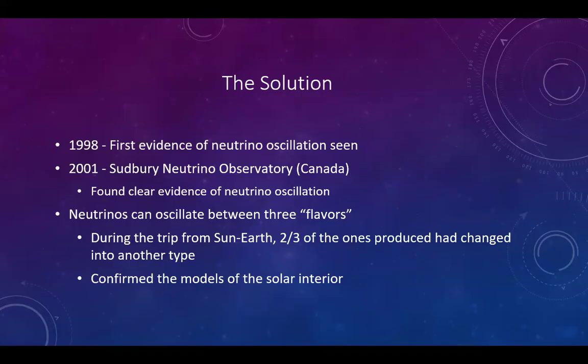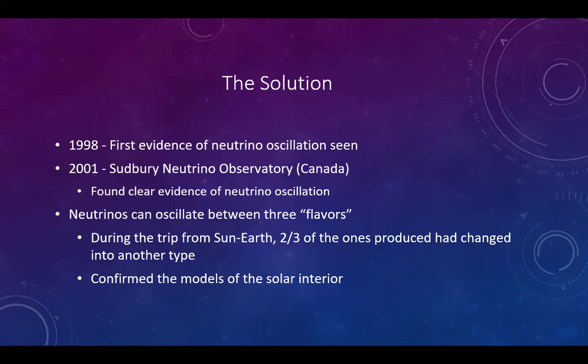And then in 2001, the Sudbury Neutrino Observatory in Canada found clear evidence of neutrino oscillation. If I remember when this came out, the salt measurements had come in, because they did a different experiment where they had salt involved.